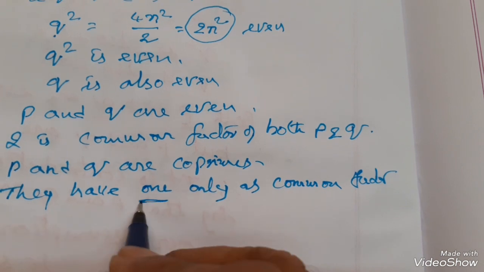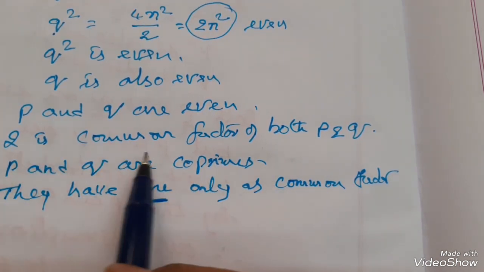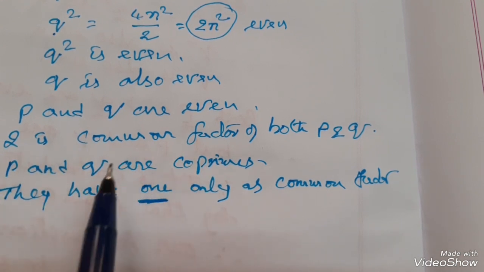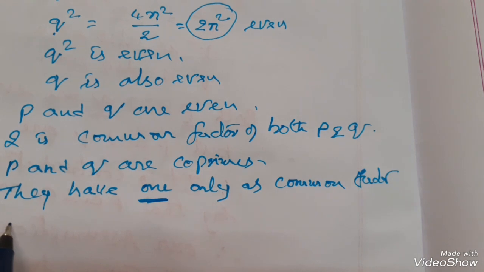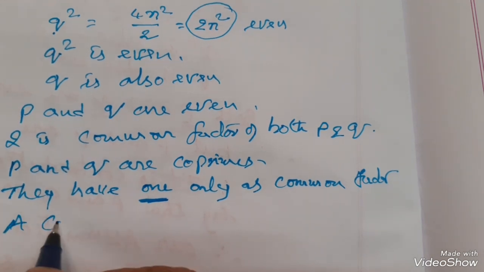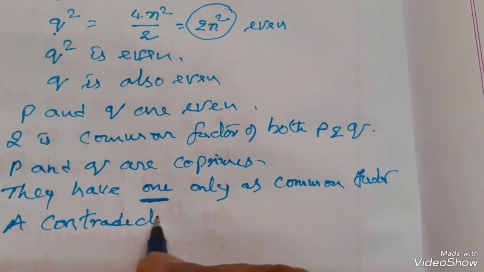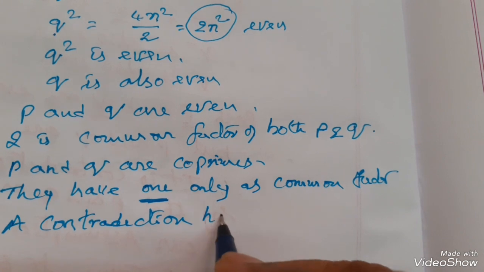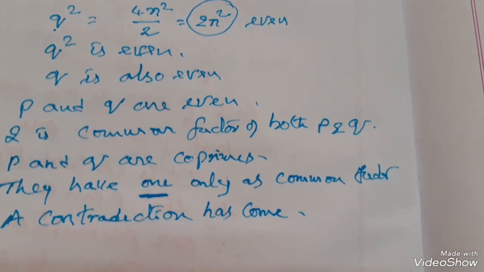So it has one and only one common factor since both are coprimes. So here a contradiction has arisen.